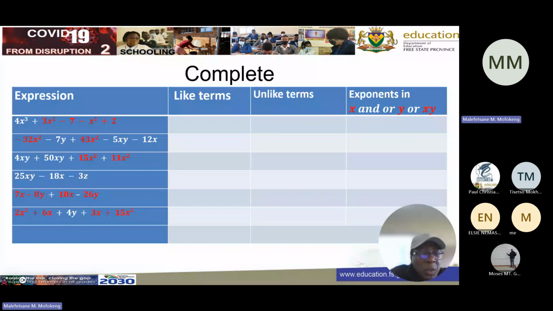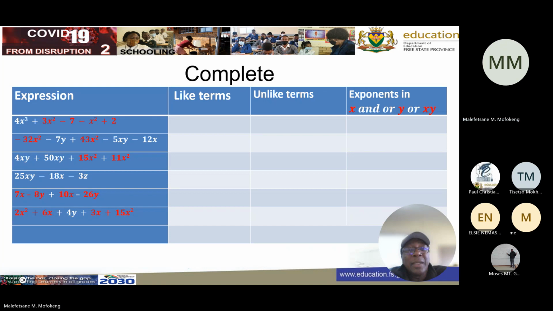And only 4y is the unlike term. Here we have only x, the exponent is 2 and 1. And the exponent of y is 1.